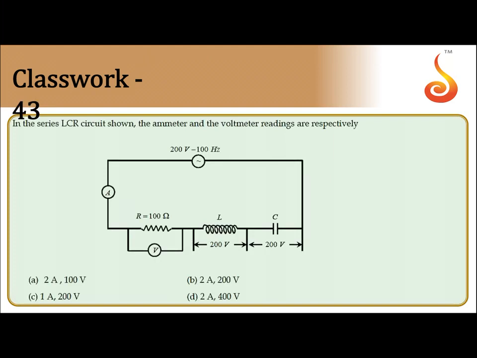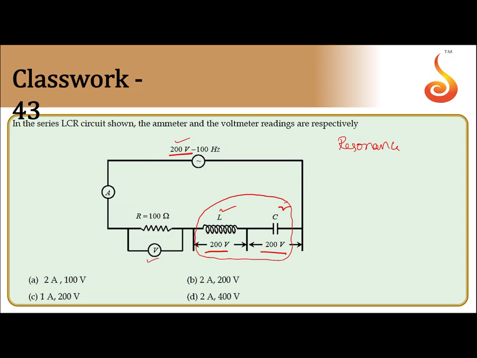Okay, we shall move on to next one. In the series LCR circuit shown, the ammeter and voltmeter readings are respectively. So notice one thing, 200 volt is connected, here 200, here 200. That means voltage across inductor and capacitor are same, so that means it is at resonance. So net voltage across this combination will be 0.